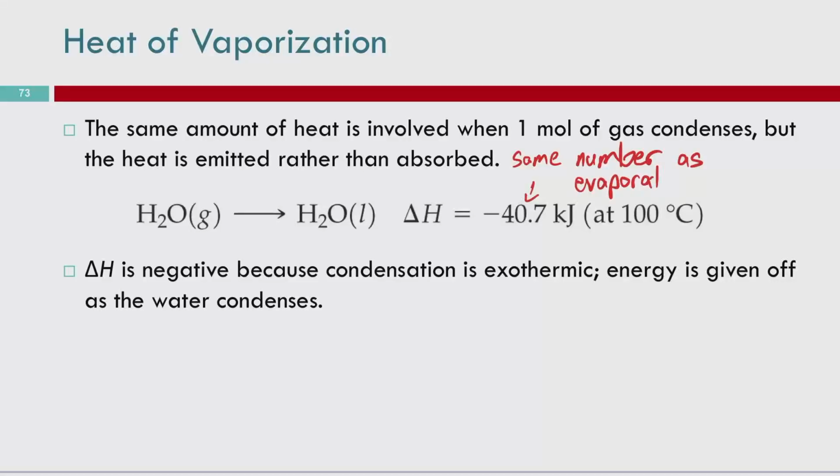So it's still 40.7 kilojoules. It's still per mole. This time, though, it's negative. Heat lost or released, exothermic, instead of a positive value.